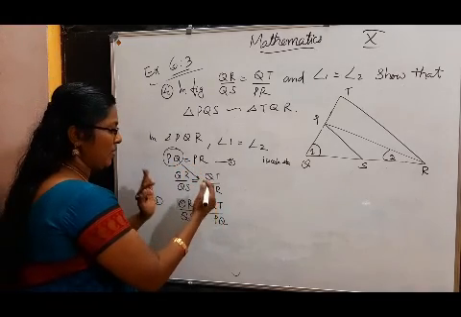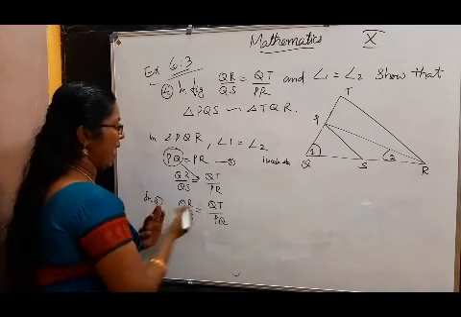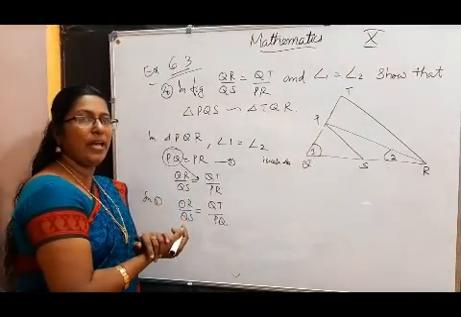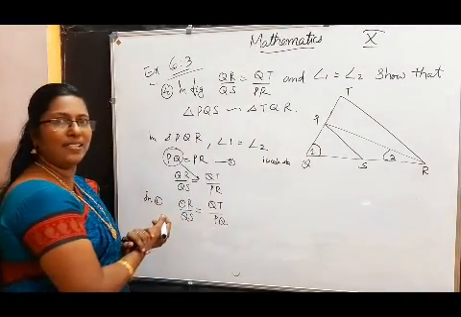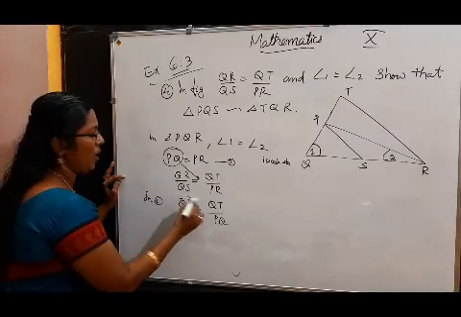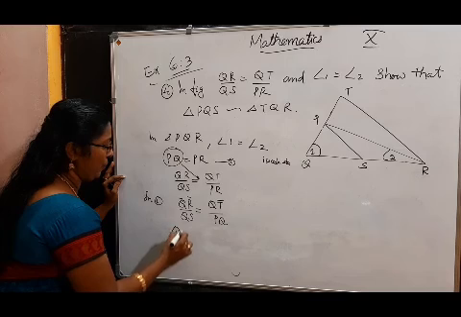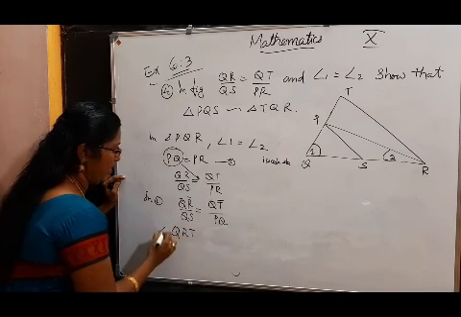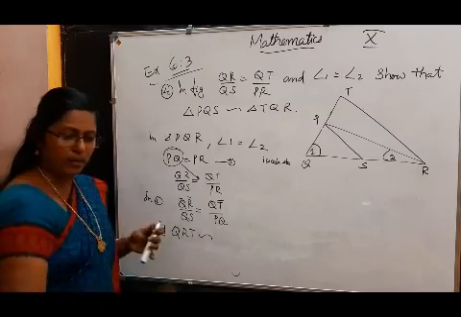The sides are in the same ratio and the included angles are equal. By SAS similarity criterion, these two triangles are similar. Which triangle? Triangle QRT.